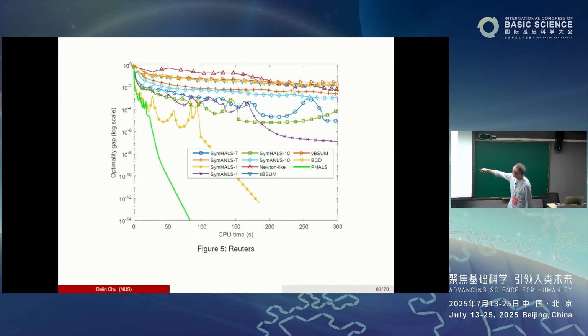Very clear for the new method, the optimal gap converges to 0 very quickly. This method also converges to 0, a little bit slower. Well, for these two methods, the optimal gap cannot converge to 0. So this means such methods cannot converge to a KKT point or stationary point.